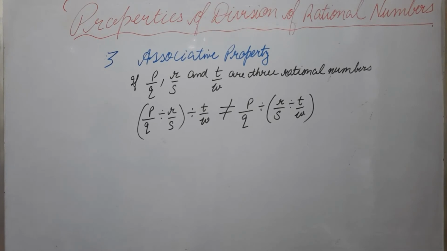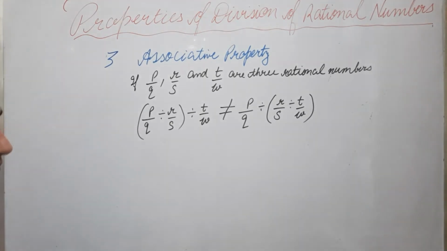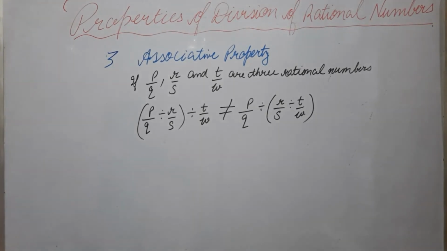So you can say that the division of three rational numbers is not associative, right?